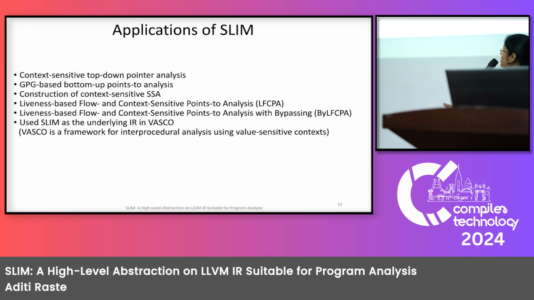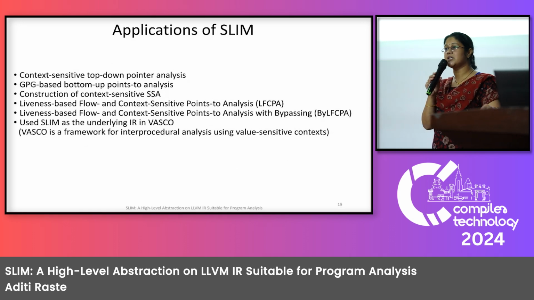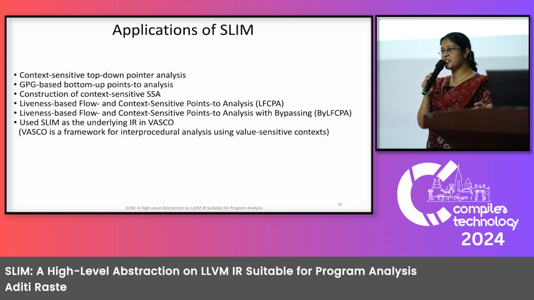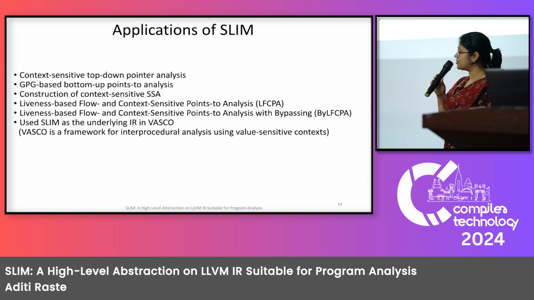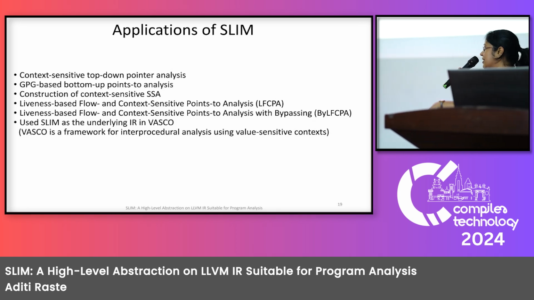Now, these are some of the applications where we are using SLIM. Most of this work is published work, and a couple of projects are also in the process of getting published.